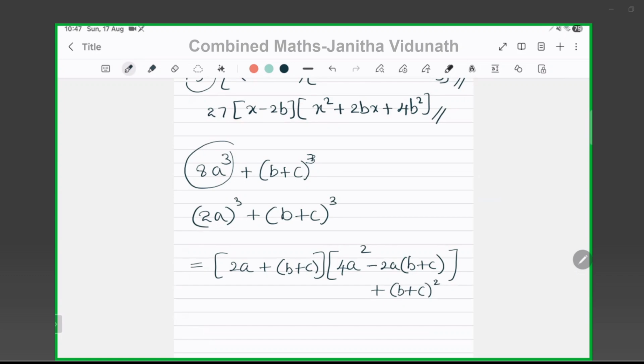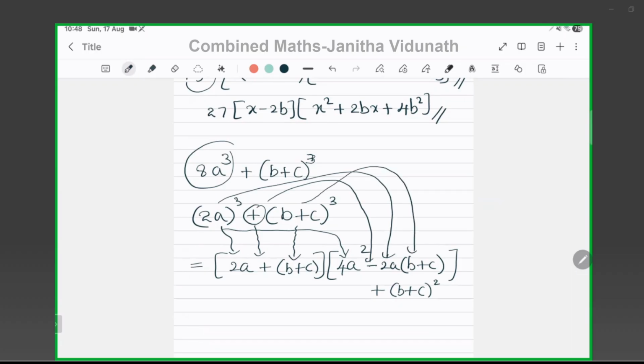Let me repeat. First, we get our first term, then we get the same sign, then we get the second term. After that, we square our first term and we get the opposite sign, and then we get the first term times the second term.